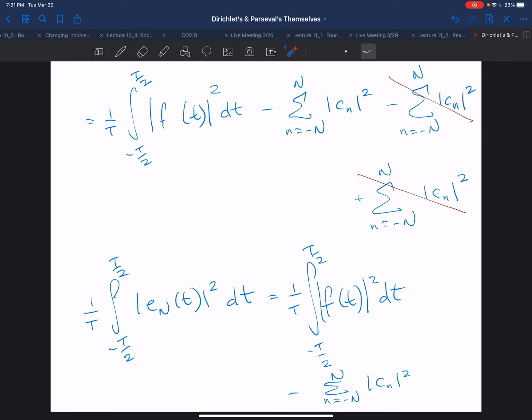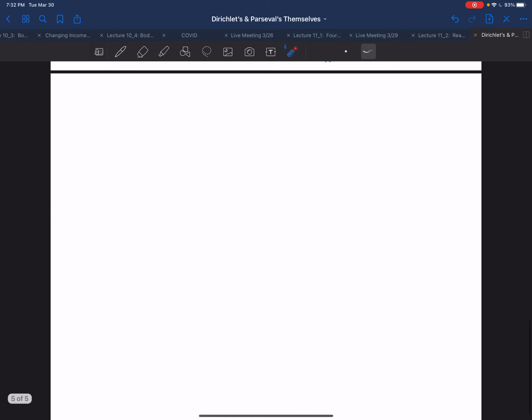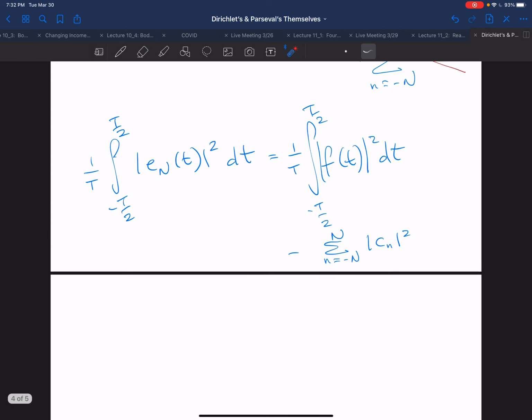So the power in the error signal turns out to be the average power of f minus the sum of the average powers of each of the terms in the partial sum. Now, what does this mean? This is interesting.